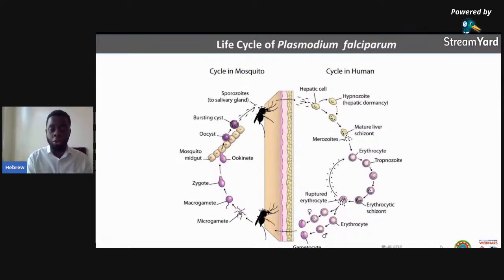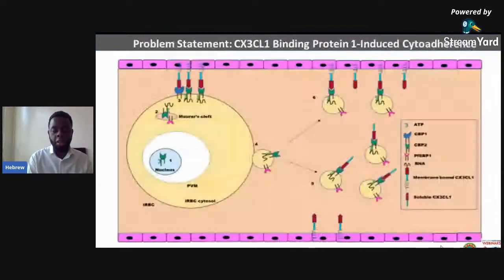So this is going to be our main target of the study: what happens in the infected erythrocytes, and how that can be antagonized in terms of making a possible therapeutic drug or vaccine. As I've said, my study was concerning the infected red blood cells at the merozoite form.